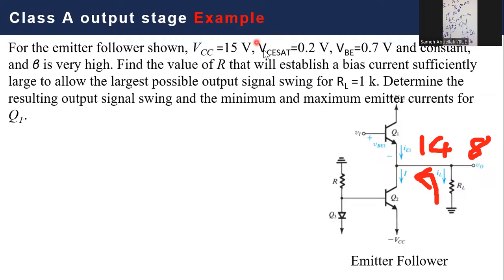What about the other branch? If we go to the other branch, this branch is still working as a current source with the same 14.8 milliampere. So that means basically that the whole current flowing in the load will go directly to flow in Q2.